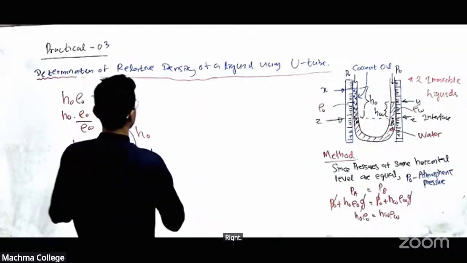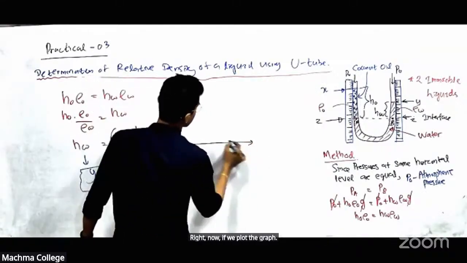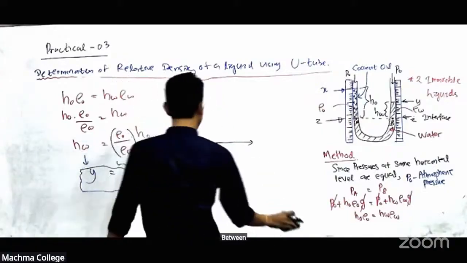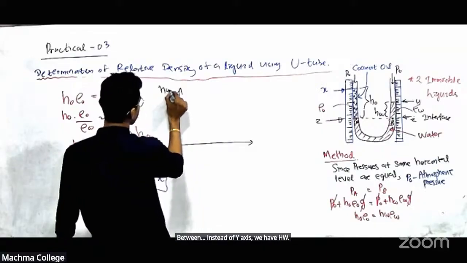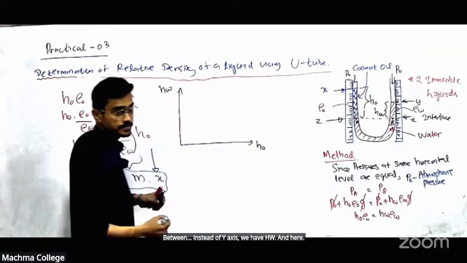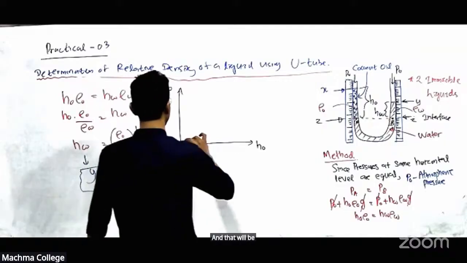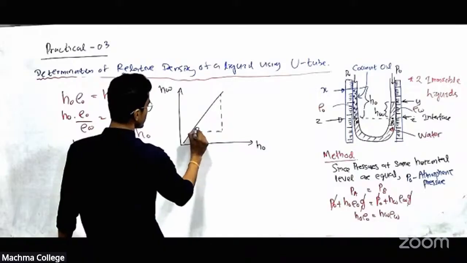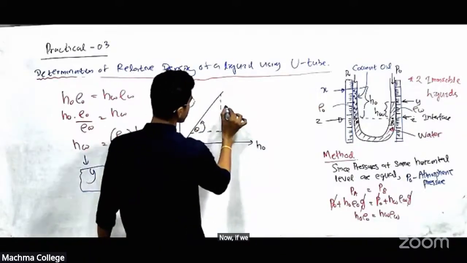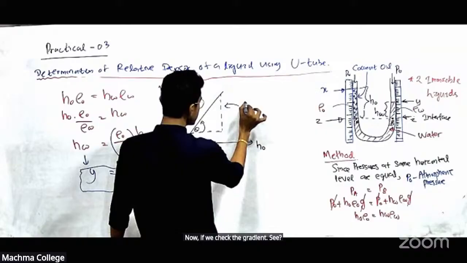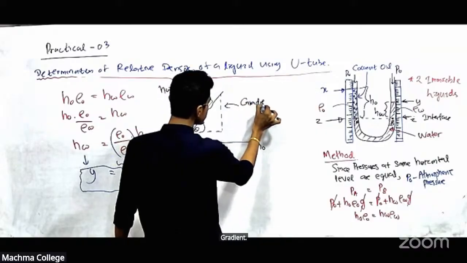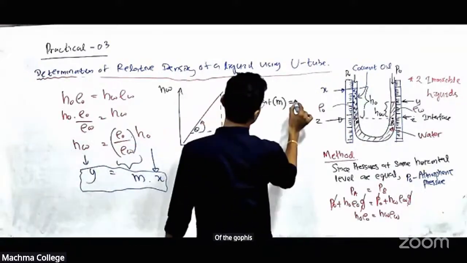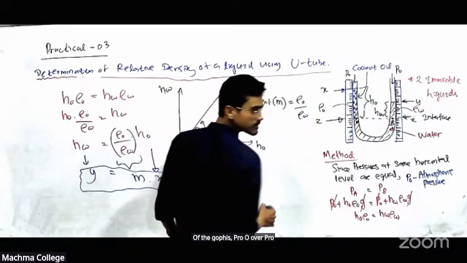Right. Now, if we plot the graph between HW on the y-axis and H naught on the x-axis, that will be in the shape of y equals mx, like this. And now if we check the gradient, the gradient of the graph is rho naught over rho W. Right?